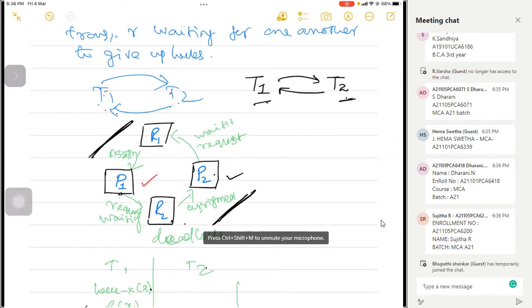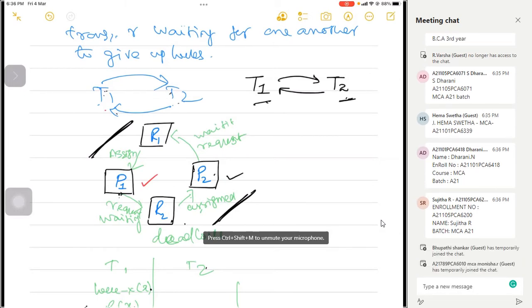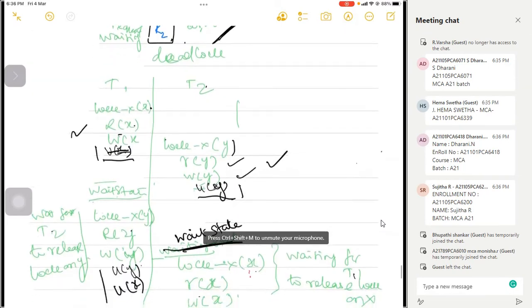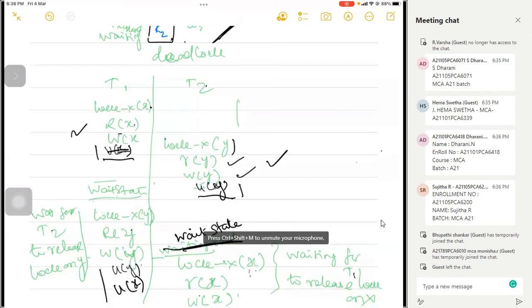Same thing, once we have assigned R2 for P2 process, still it will not use that R2, it waits for R1 resources. That is the deadlock situation. So how will it be solved?